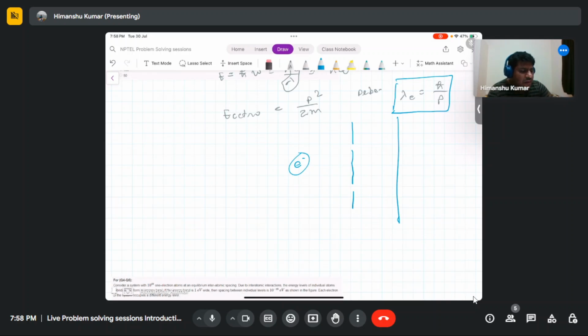For a wave, the interference will occur, so this interference pattern will form. But people did the experiment with electrons also, and found that interference occurs for electrons too.